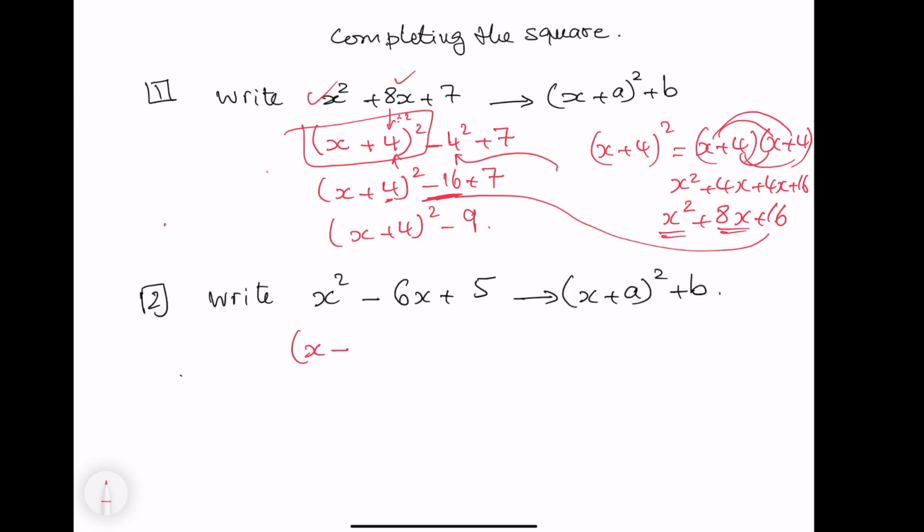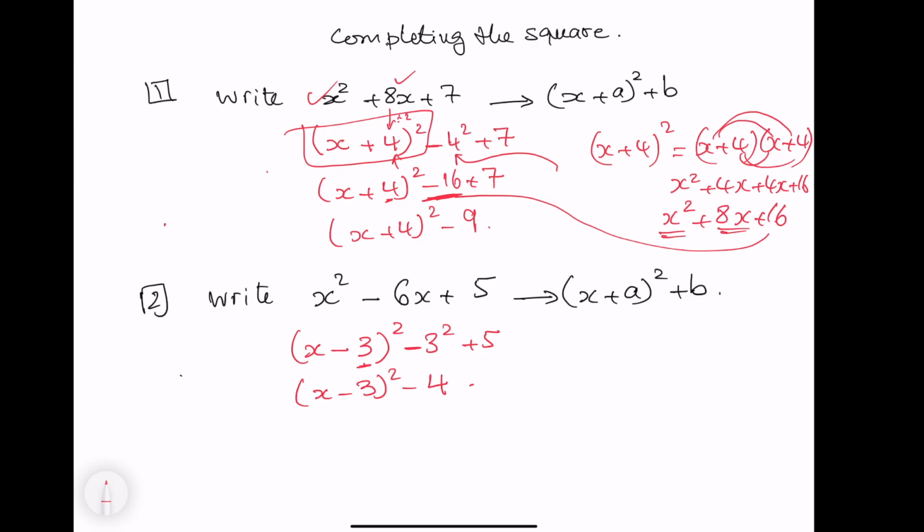And then half of 6 is minus 3 squared. And as we said, you need to always minus this number squared, so minus 3 squared, and then just add 5. So that's simple like this, yeah? Then your answer will be x minus 3 squared minus 9, yeah? Plus 5 is minus 4.